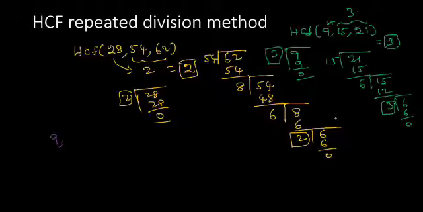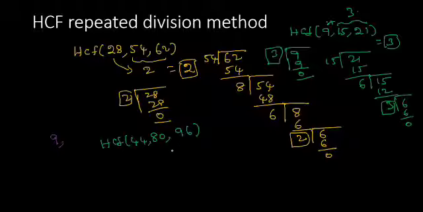Now, you can have a deep understanding of how it works. I hope you are able to understand this. So, let us assume that we want to find the HCF of 44, 80 and 96.